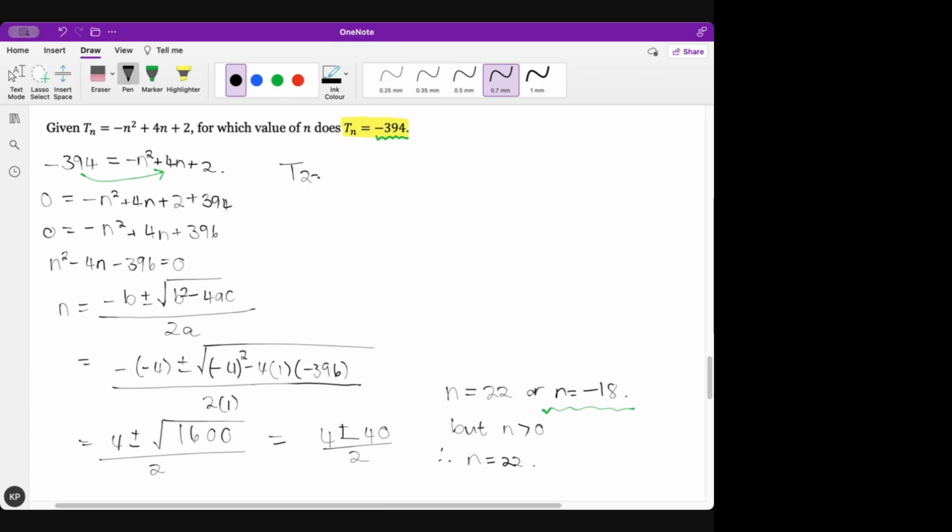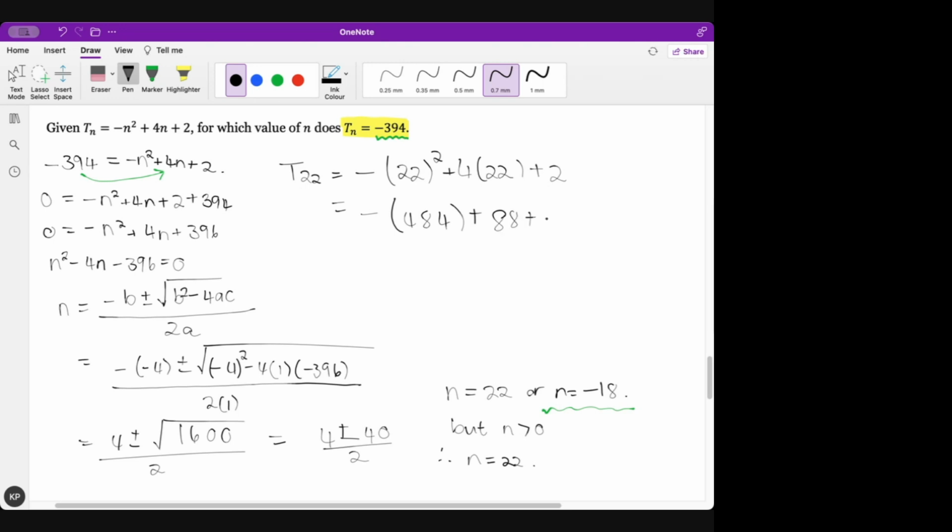Term number 22 is equal to negative 22 squared plus 4 times 22 plus 2 equals negative, what's 22 squared? 484, plus 4 times 22. Oh wait, it's right.